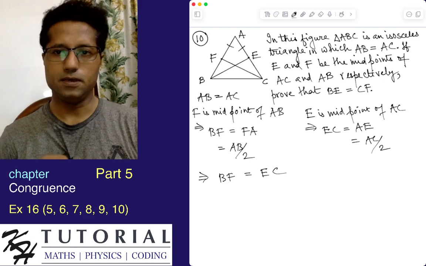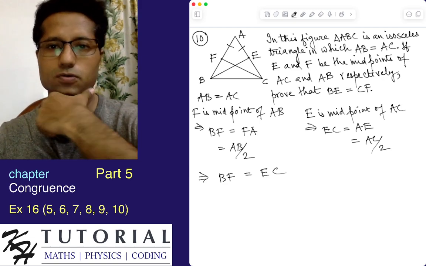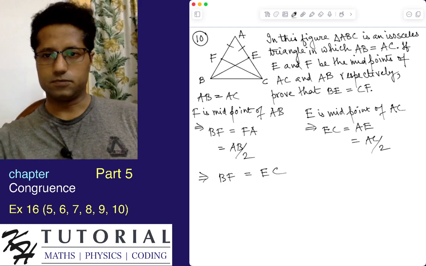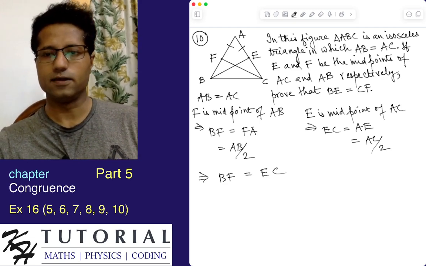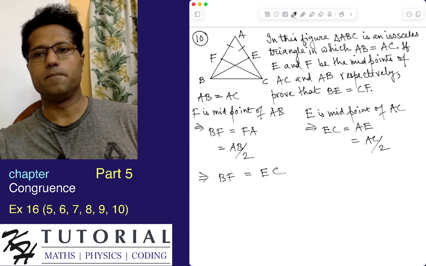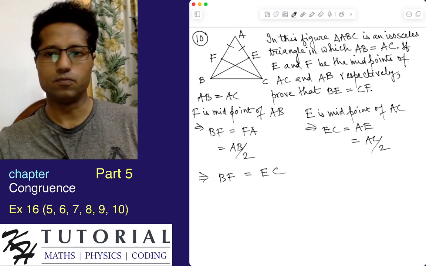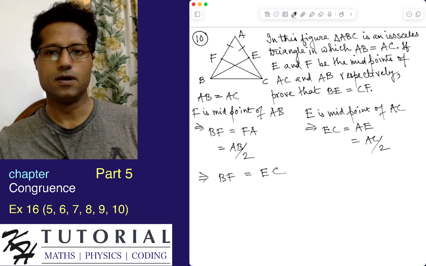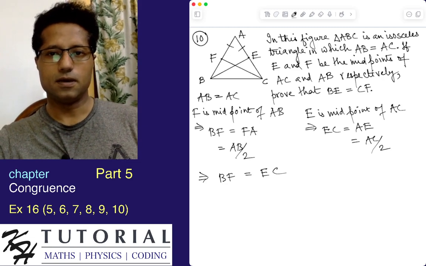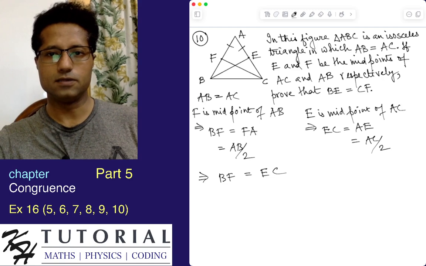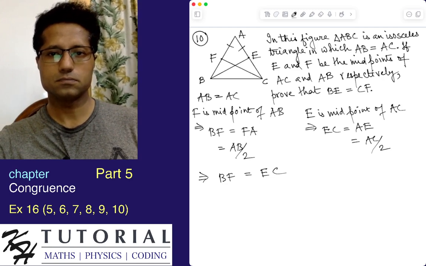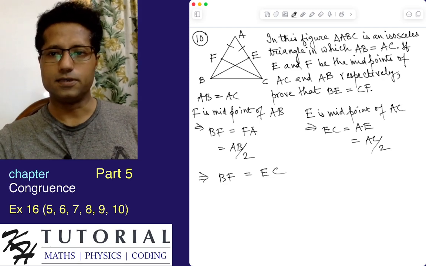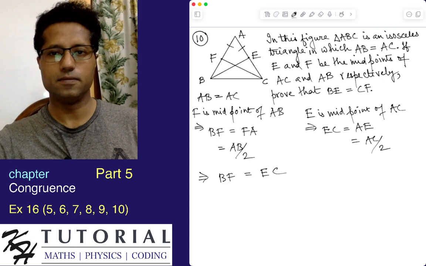Prove that BE is equal to CF. Now try to identify with which two triangles you need to work for congruency that will help you to prove that BE is equal to CF. For BE we can consider the triangle BEC, and for CF we can consider the triangle BFC.